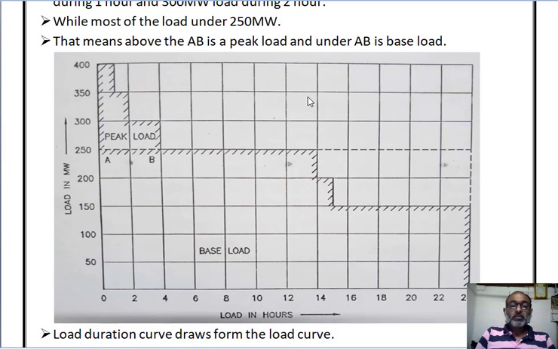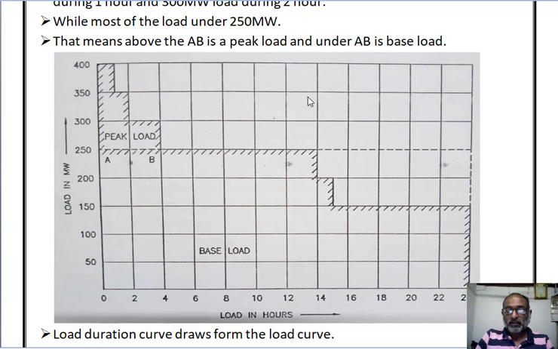Thus our base load station is operated 24 hours on full load, so its load factor is maximum. Due to this reason, the cost per unit generated becomes minimum.